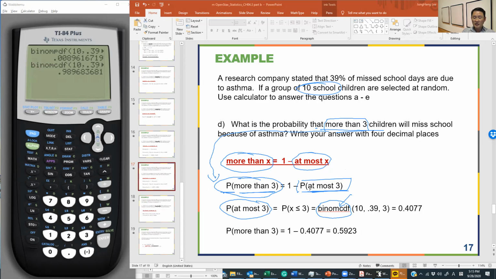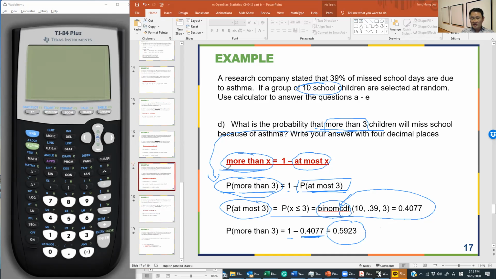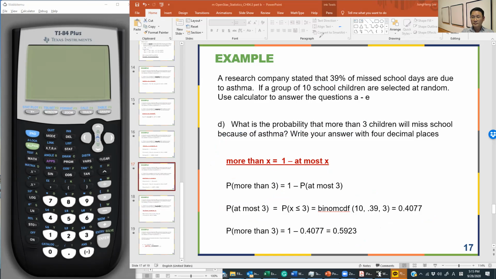We need to find at most 3 first, like we do right here, and then do 1 minus that value. That's the final answer that we are looking for. So for more than a certain x value, we use this format, 1 minus at most x. Okay. All right.